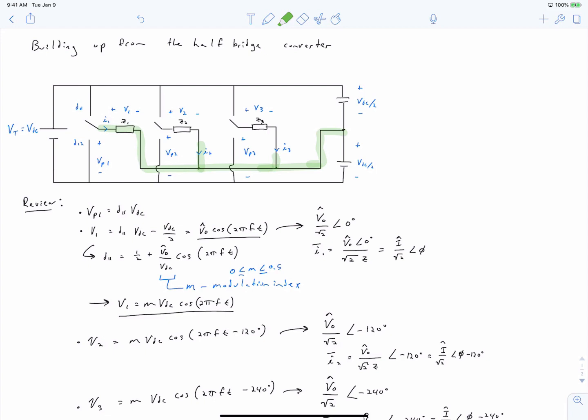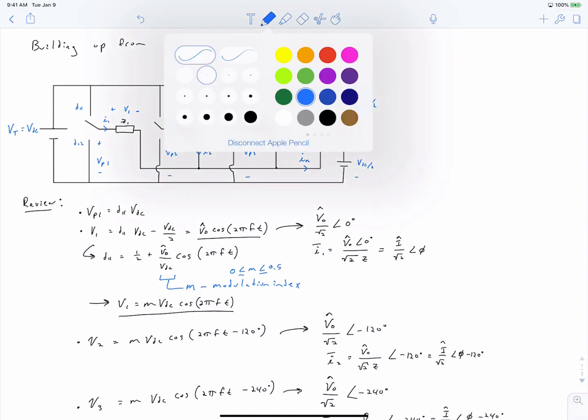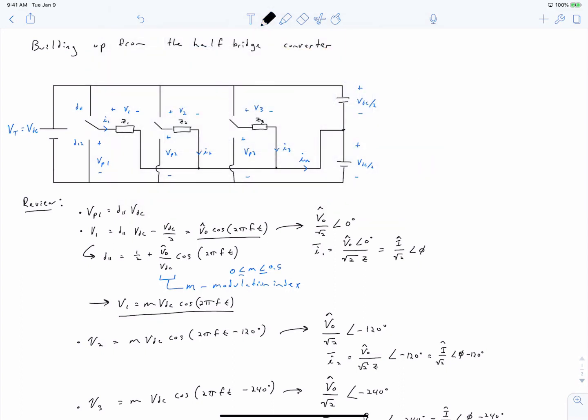I1, I2, and I3 add as going to our passive voltage divider network. And so I want you to think about what the value of the current is going into this passive voltage divider. So take a second and answer the question, what is IN equal to I1 plus I2 plus I3?